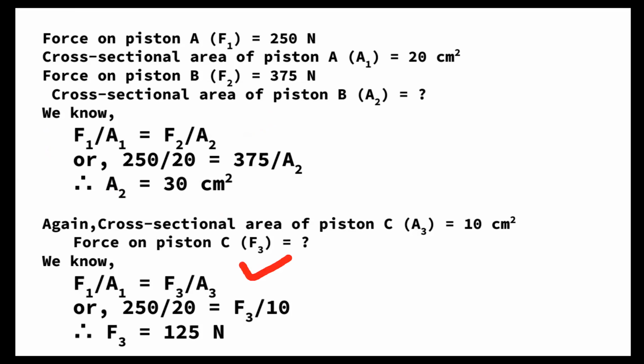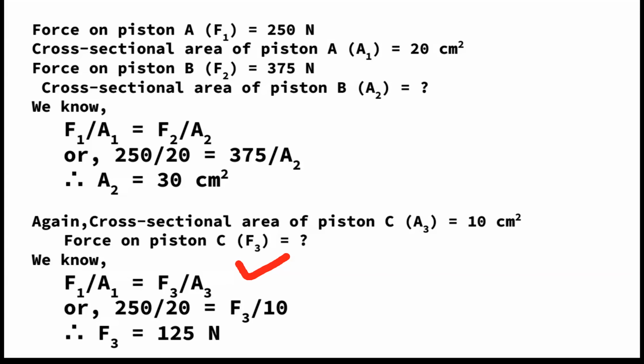For piston B we have A2, and for piston C we have used the symbols F3 for force and A3 for area. F2 is already mentioned in the question. Now we can use the relation with either piston B or piston A to find the force exerted on piston C. Here I'm using the relation with piston A, that is F1 upon A1 equals F3 upon A3.